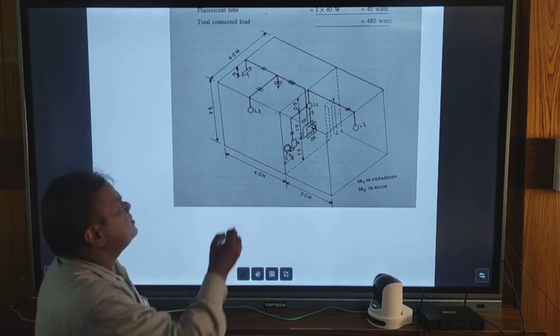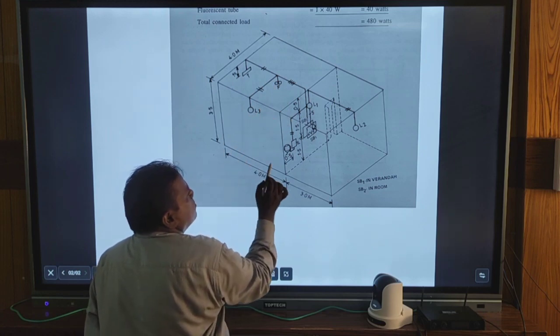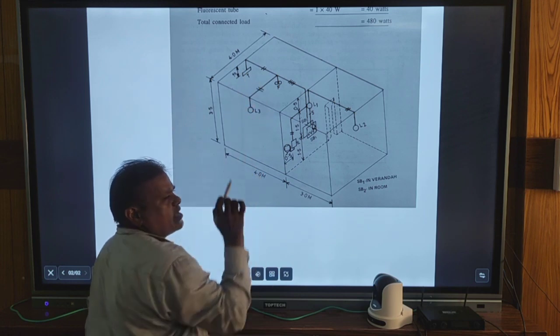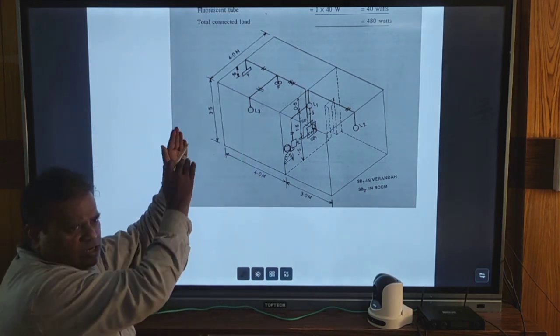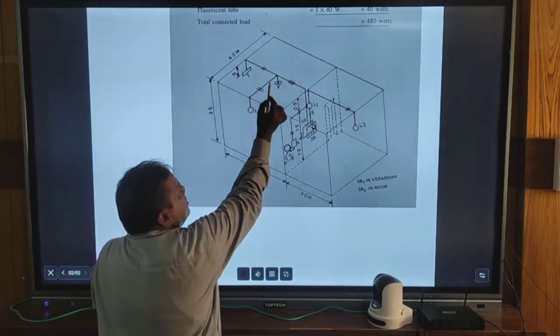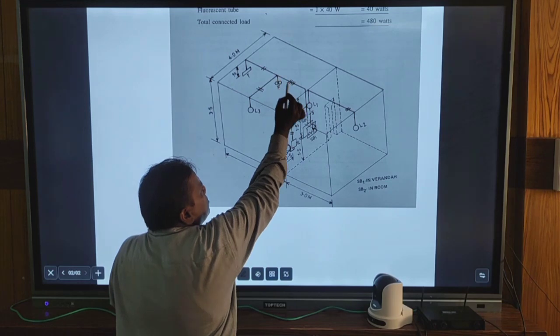So as it is a tube light, a fan, and a light point, for this tube light, 2 wires are there, one phase wire and the return path is a neutral wire. Similarly, here is the light point, here is a phase wire and the neutral wire. So for the fan, it is a phase wire and neutral wire.